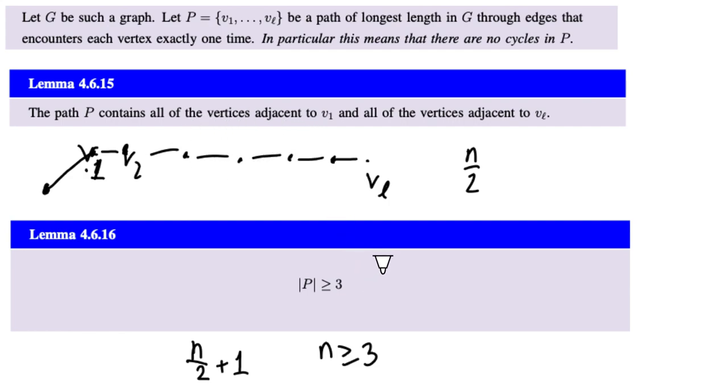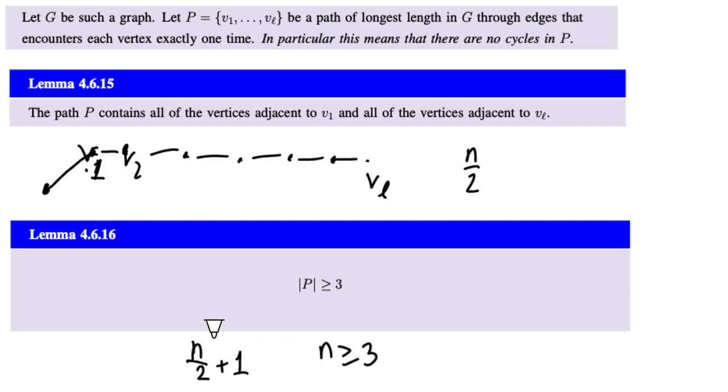Another thing we know is that the length of this path is at least 3. How do we know that? Well, for one, let's just look at vertex 1. The path has vertex 1 in it, and it has everything adjacent to vertex 1, which is at least n over 2. And we also know, by assumption, that n is greater than or equal to 3. We assumed that at the beginning.